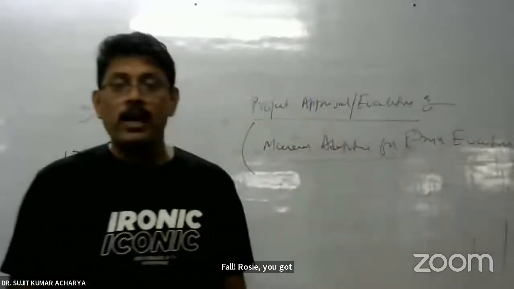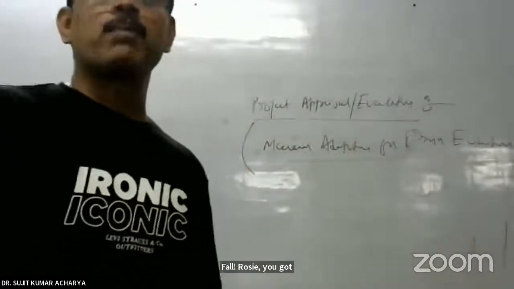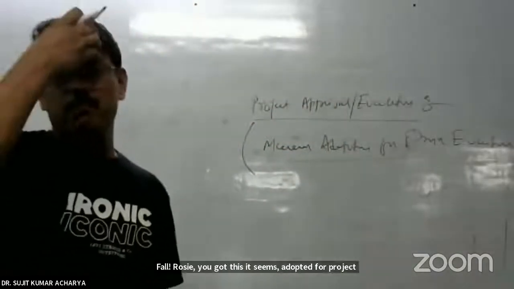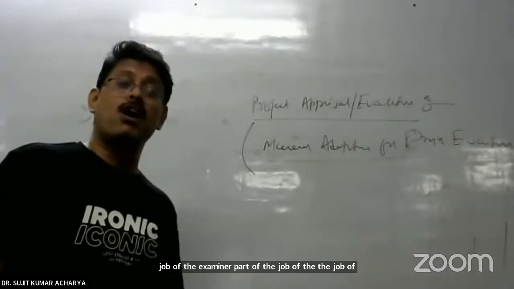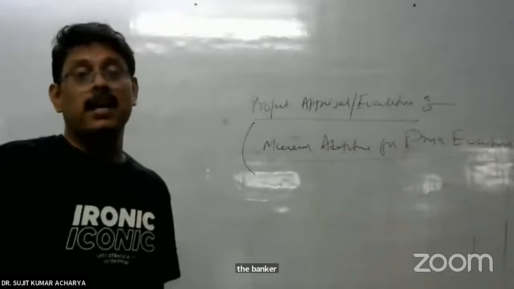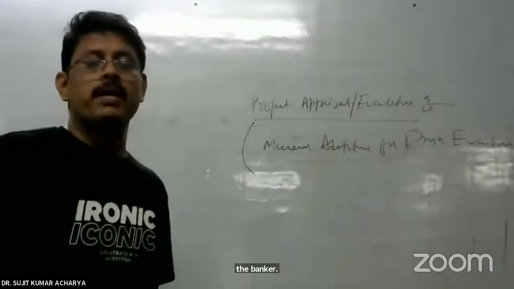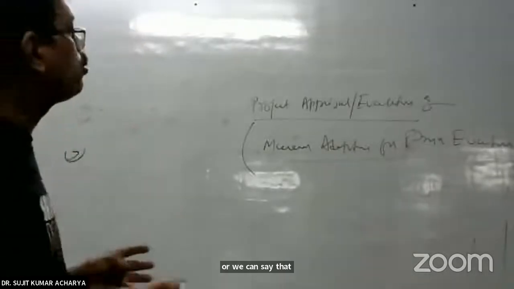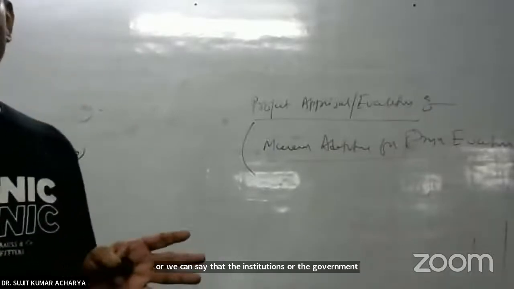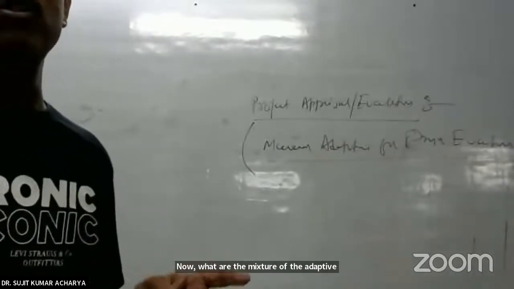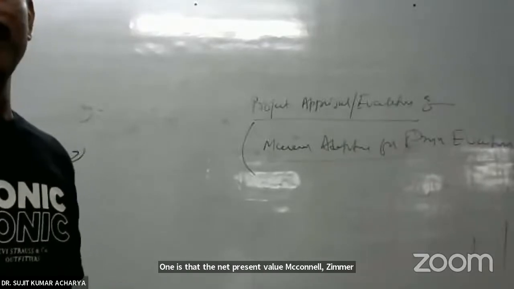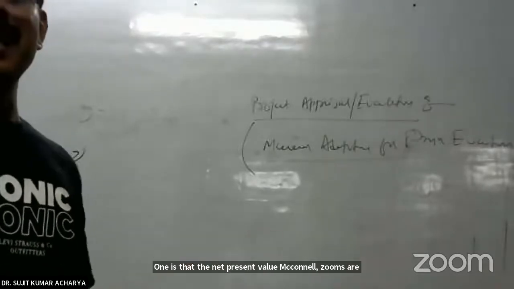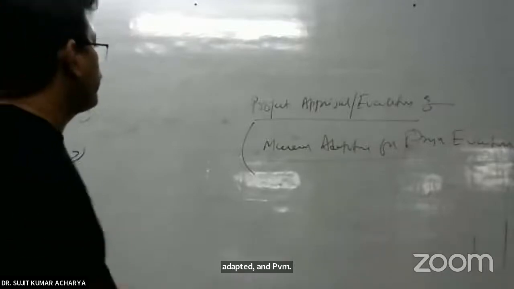You have formulated the project. Now it is part of the job of the examiner, the assessor, the banker or financer, or the institutions or the government. What methodology is adopted to evaluate it? One is the net present value mechanism. The IRR method is also adopted.